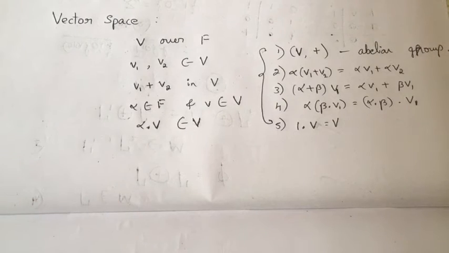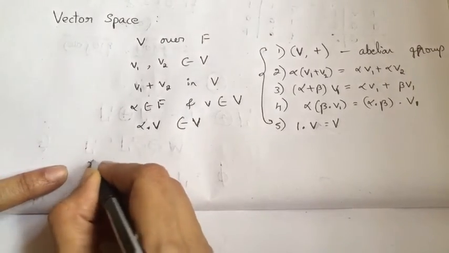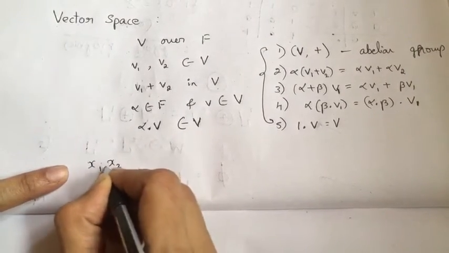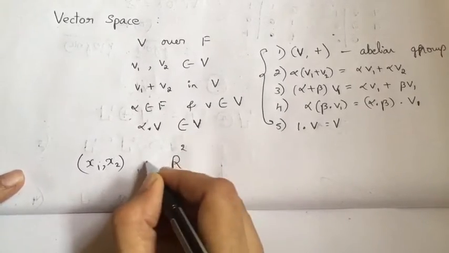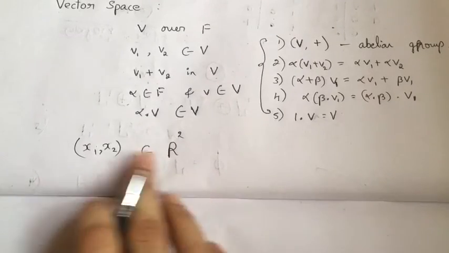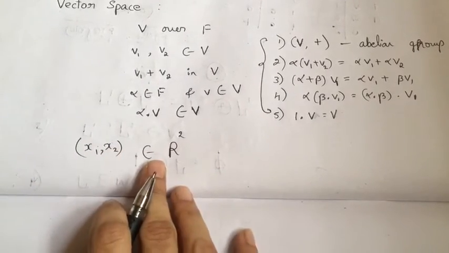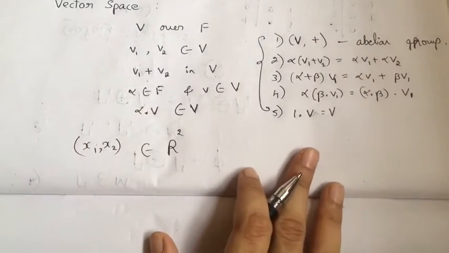Examples of vector spaces: if I take a set of two tuples, say x1, x2, that is R2, then it forms a vector space. Like that I can take n tuples, they also form a vector space over the real numbers.